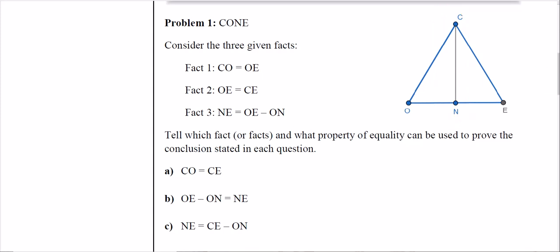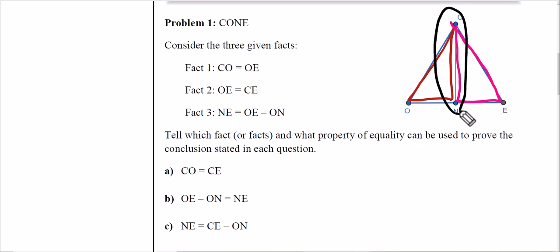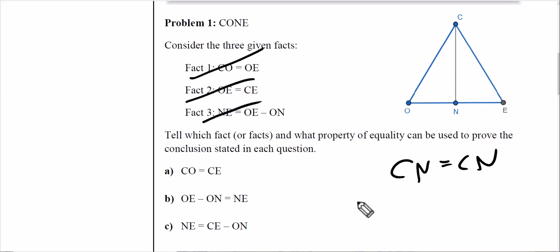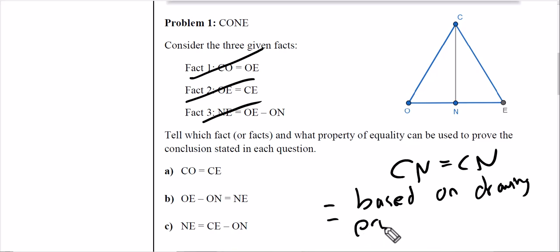We have this triangle right here, and we have this triangle right here, and they both happen to share the same side right here. So when we say CN equals CN, there is no fact that we're basing it off of at all. It's just based on the drawing that was given. And the property is the reflexive property.